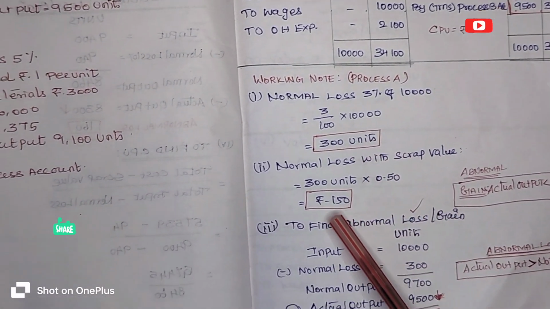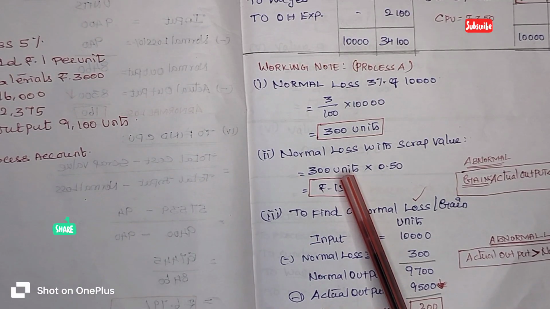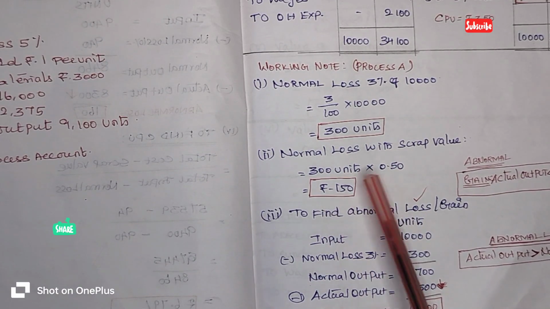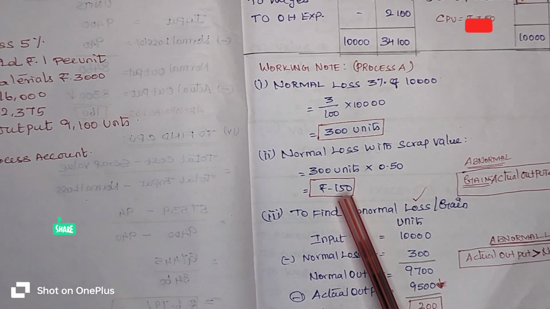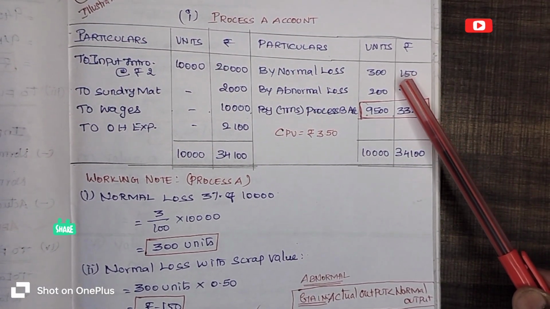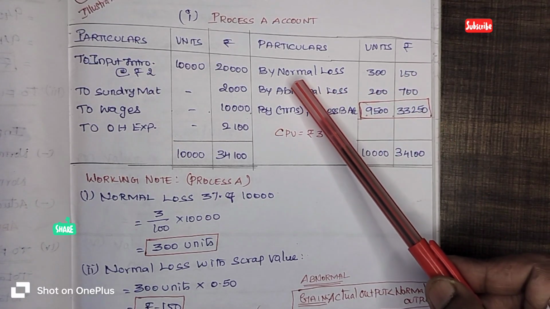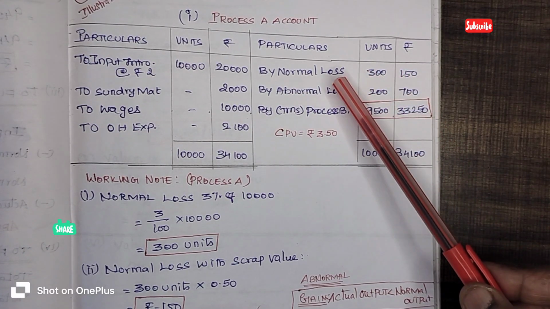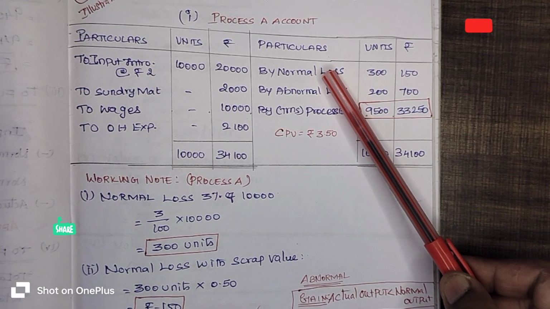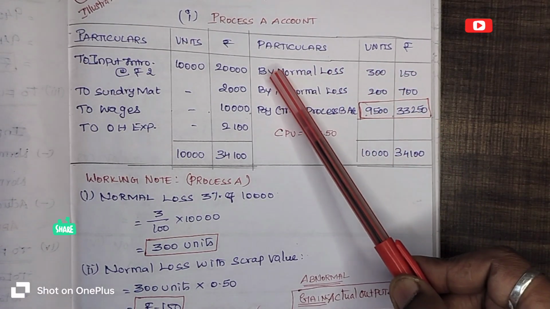We multiply the 300 units of normal loss by the scrap value of 50 paise, and you get 150 rupees. You enter that 150 rupees in the rupees column on the credit side against the normal loss, because we found the scrap value for the normal loss.